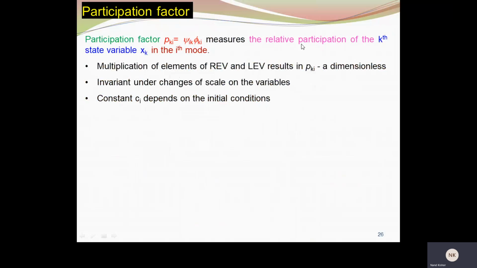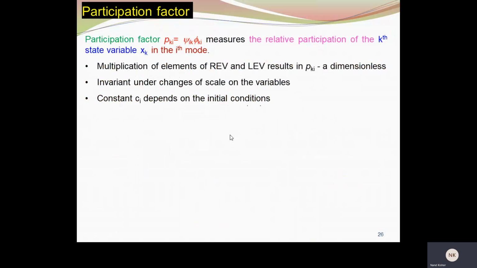That means the relative participation of a particular state variable to the mode. And how do we achieve it? By multiplying the elements of the right and the left eigenvector, that gives you the participation factor p k i, which is a dimensionless number, and it is invariant under changes of scale on the variables, and then the constant c i depends on initial conditions here.